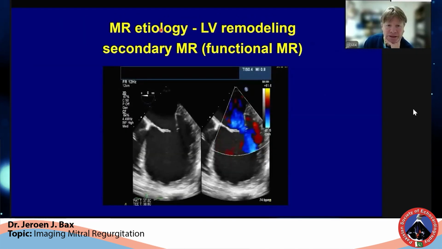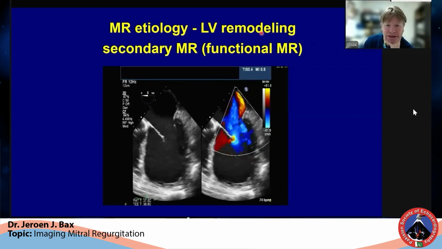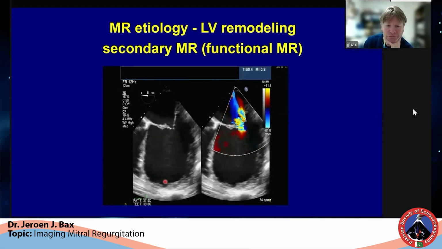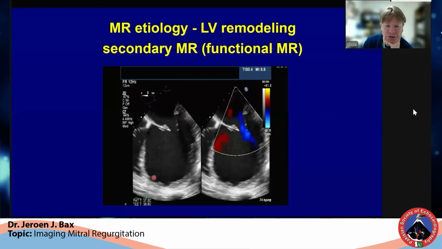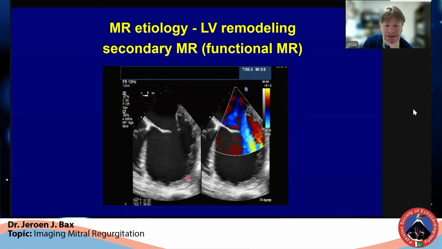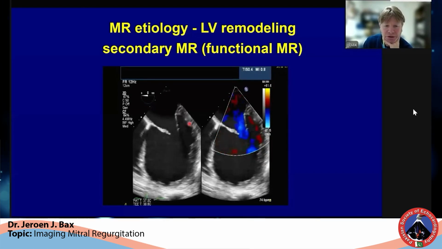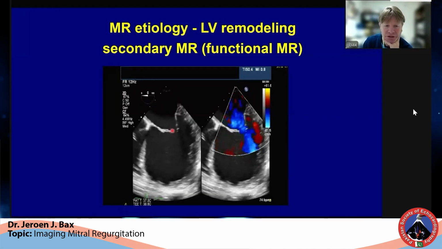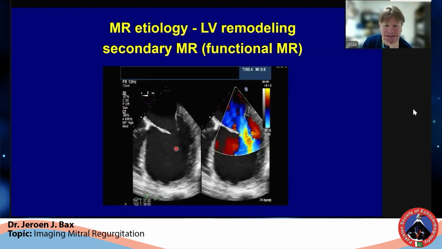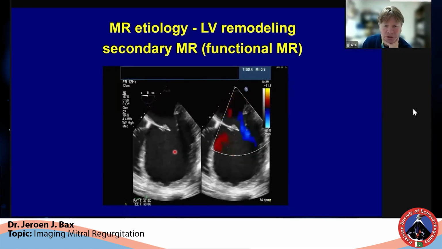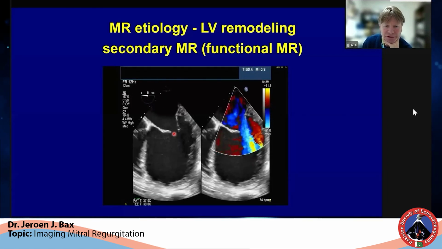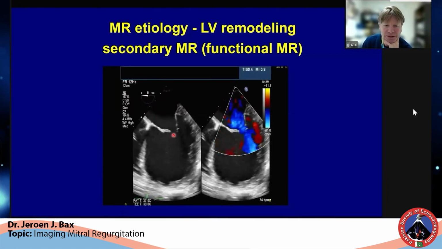MR etiology secondary to LV remodeling. I have 1, 2, 3, 4 infarctions in this heart. Eventually, you end up with this dilated, non-functioning heart. What happens when this heart dilates is that the leaflets of the mitral valve get retracted into the ventricle. Once they don't close here in the normal plane, but get retracted, they close only a very little bit or not at all.